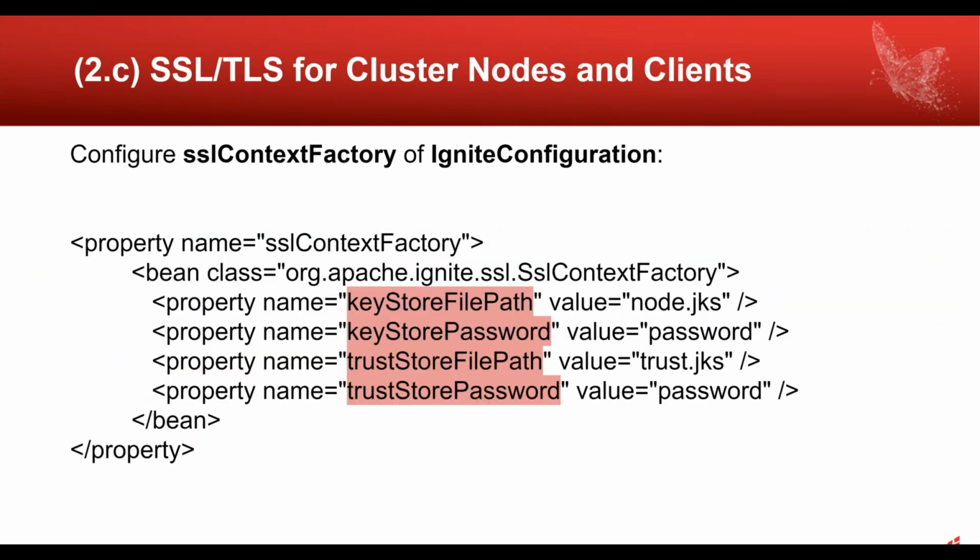On the current slide, you can see what should be configured in the Ignite configuration to provide SSL TLS for cluster nodes. You need to set the SSL context factory property. And also you can see that we should provide the key store path and trust store path with passwords to this part.